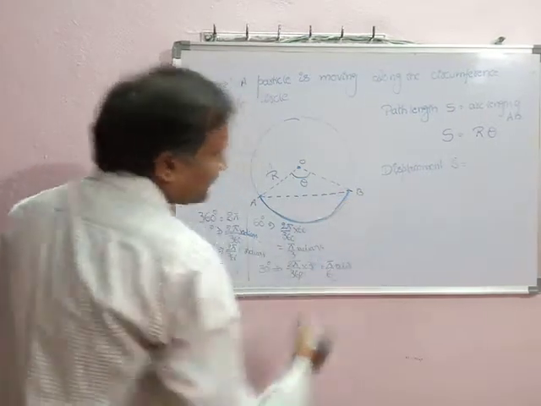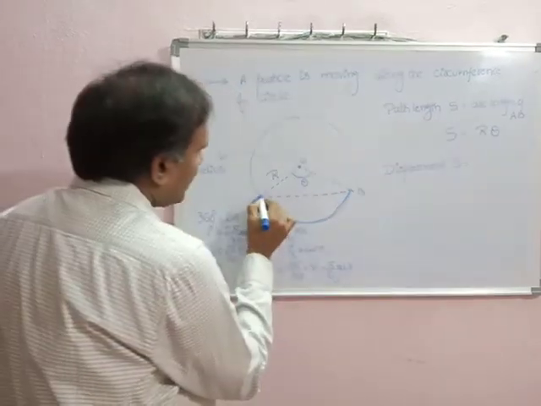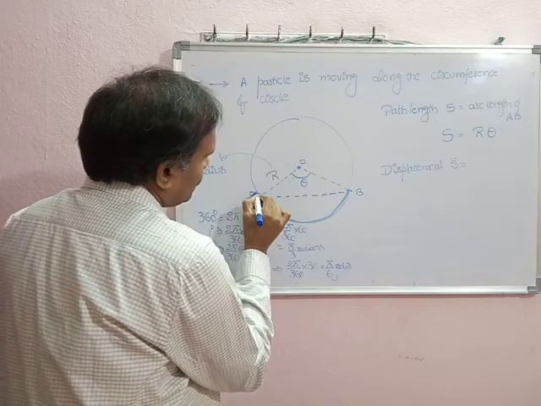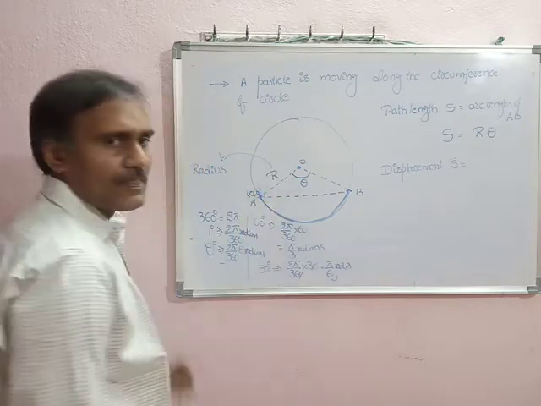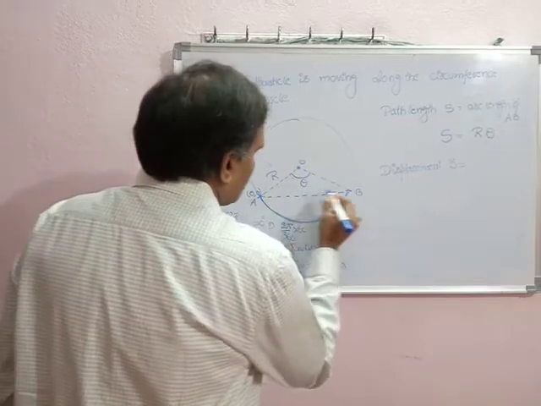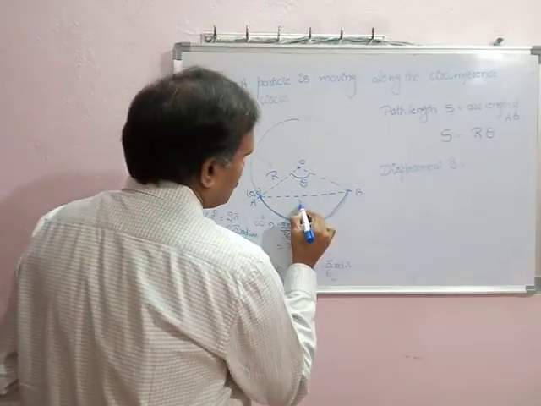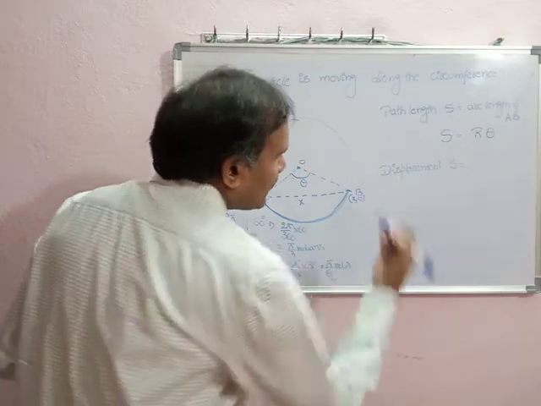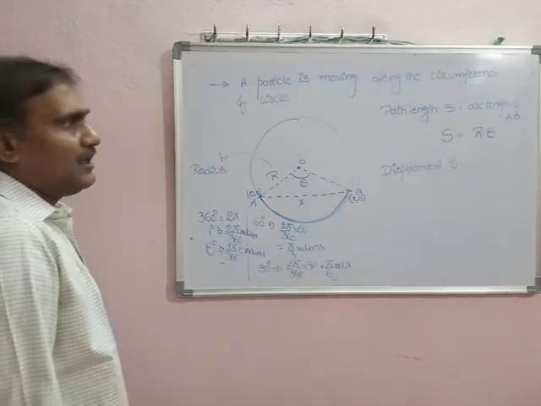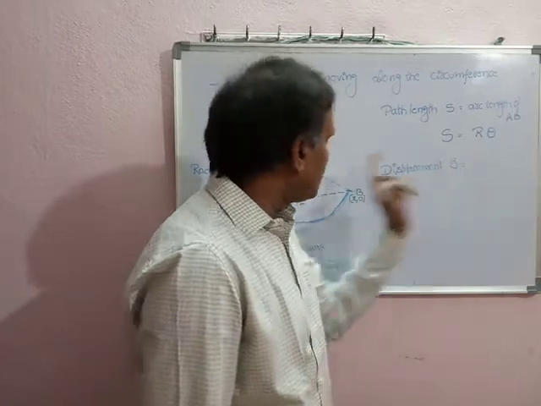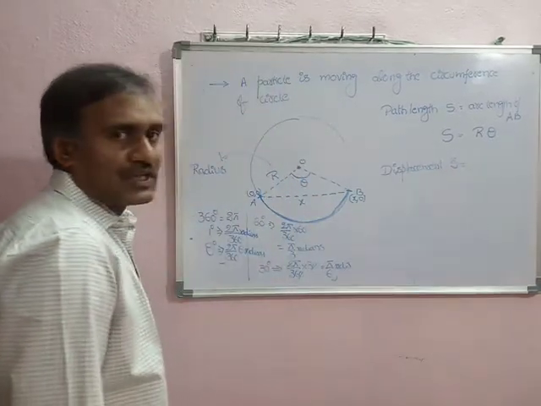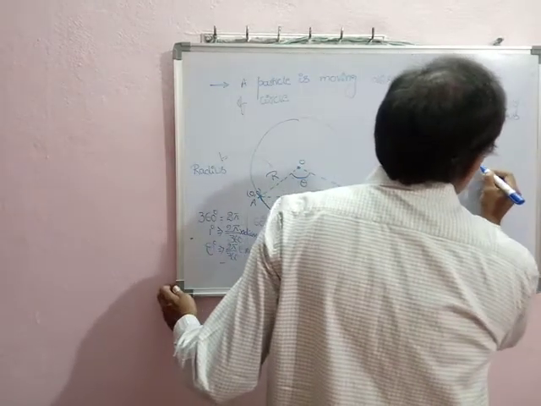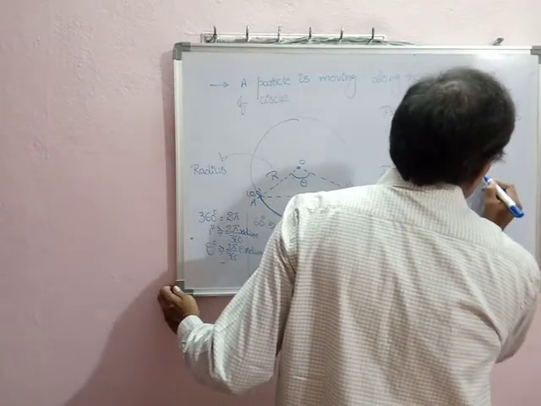Assume it is the x axis. Its coordinate is 0, 0. From here to here, I consider it as x, so its coordinates are x, 0. Displacement means final position minus initial position: x minus 0, which is equal to x.